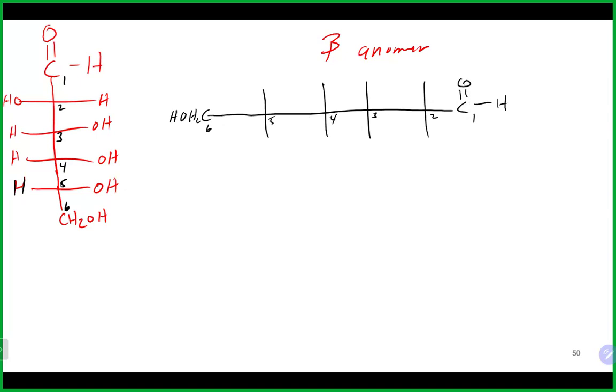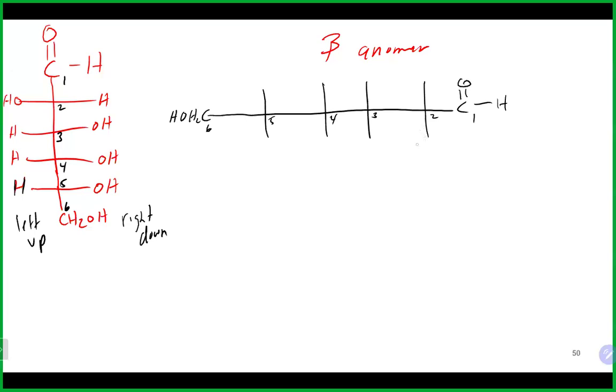Again, when we drop it to the right, everybody on the right-hand side ends up down. Everybody on the left-hand side ends up up. Or if you don't want to drop it, you can just remember that and not have to redraw it.